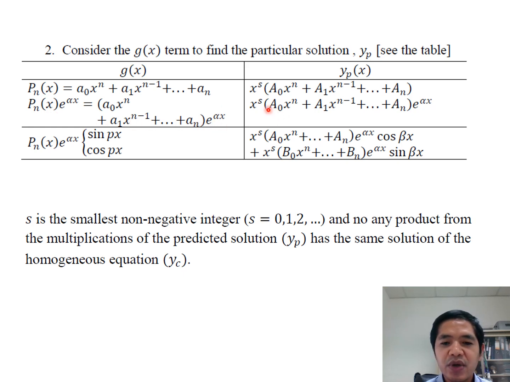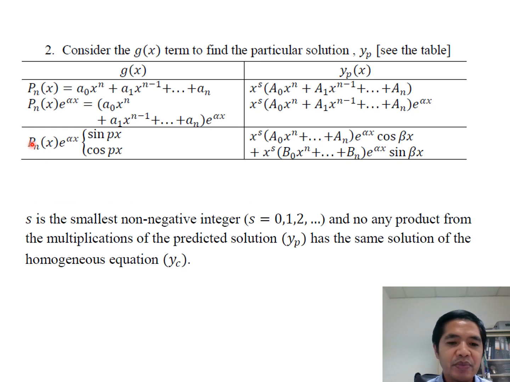So yp is going to be x to the s again, the same thing, times a0 x to the n plus and so on, which in the parenthesis is the polynomial form, times e to the alpha x. And s is considered the same way, the smallest non-negative integer.